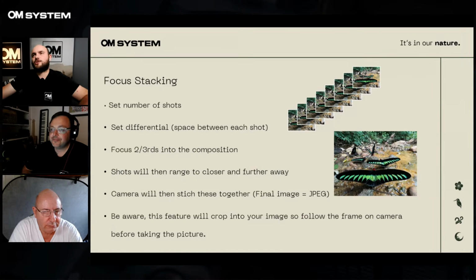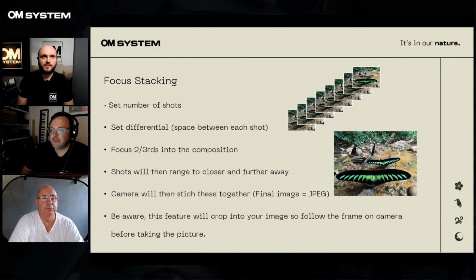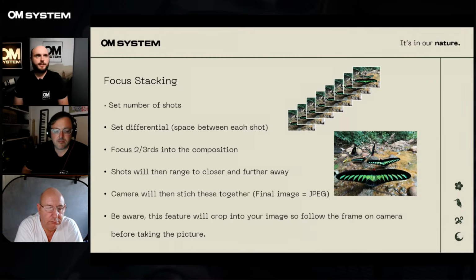So let me quickly talk about the two different options you have. If you are looking to learn more about macro, then we would always talk about our focus stacking mode, which will take up to 15 shots, depending on the current models of cameras. For example, we said earlier the OM5 does 8, the OM1 does 15.